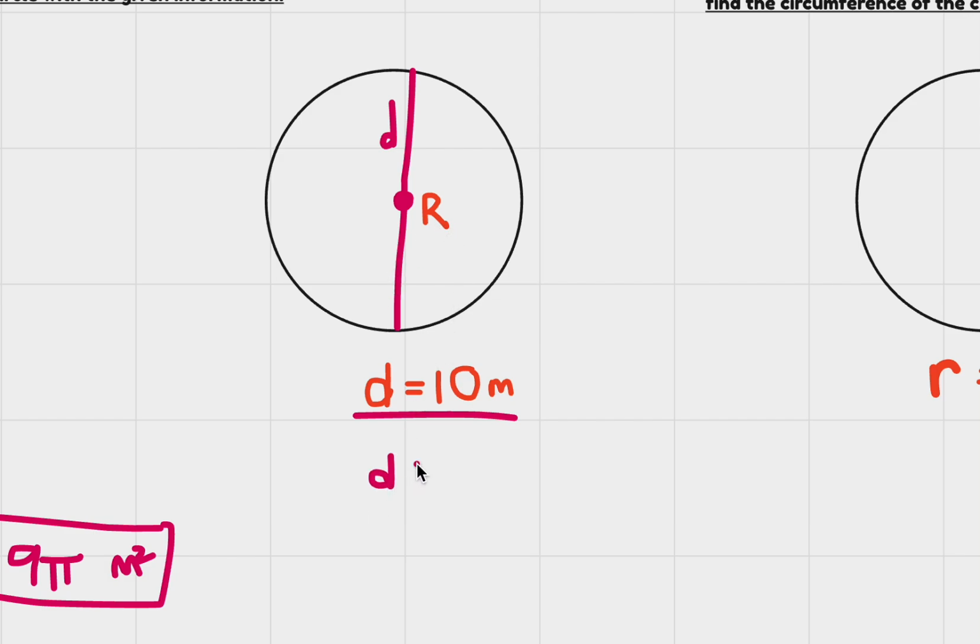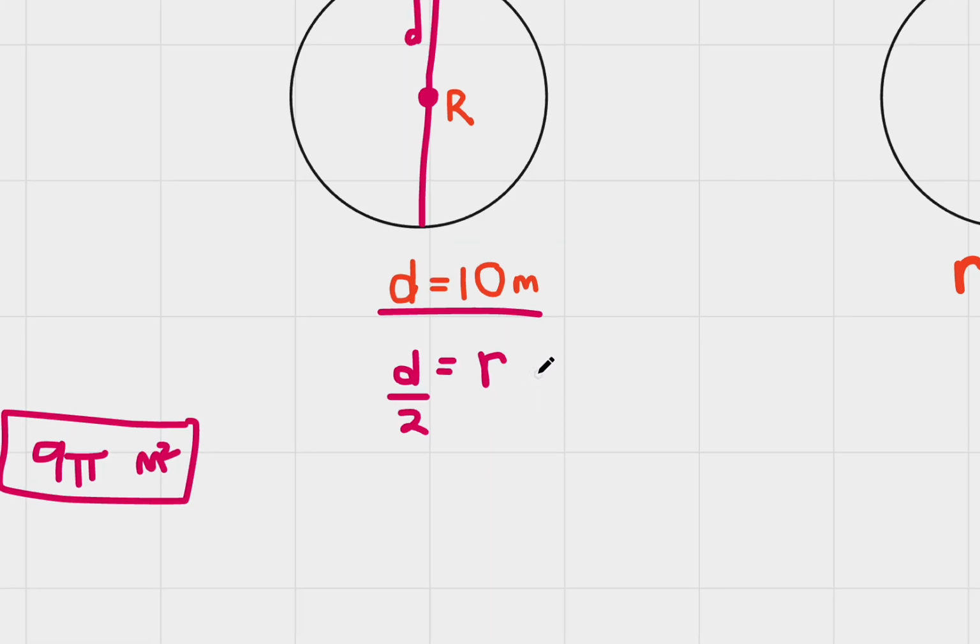So D over 2 is equal to R, because when you divide the diameter by 2, you get R. So R is going to be 10 meters over 2, and so we get 5 meters as our r.